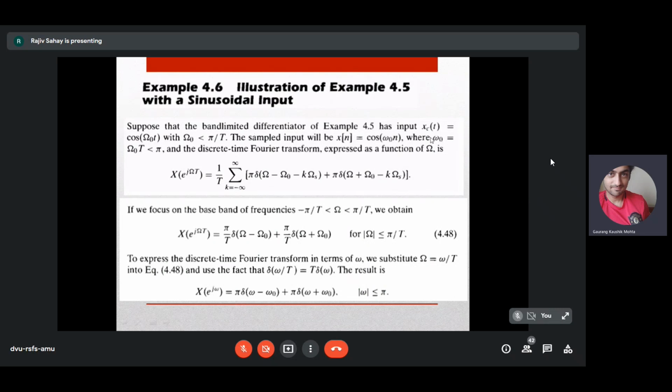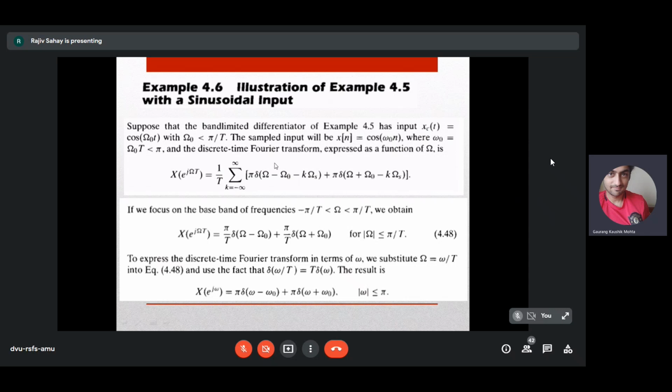So the input is x_c(t) equal to cos of capital omega naught t, with omega naught less than π by T. So the sampled input will be x of n equal to cos of omega naught n, where omega naught is equal to capital omega into T, which should be less than π, and the DTFT can be expressed as a function of capital omega.